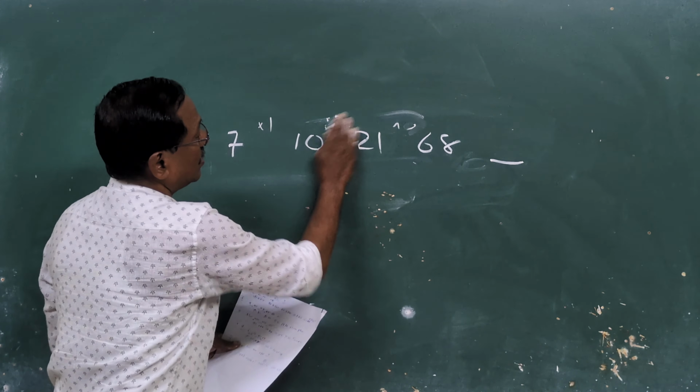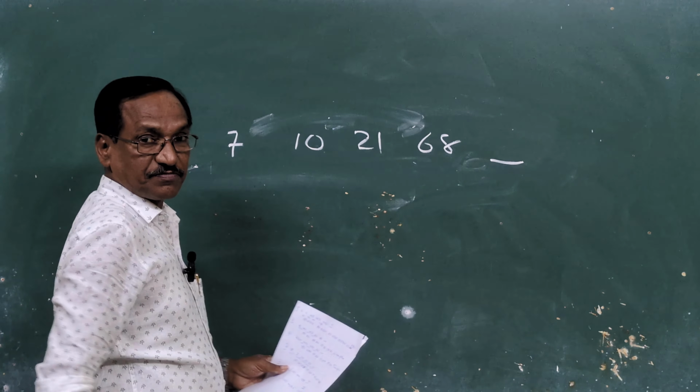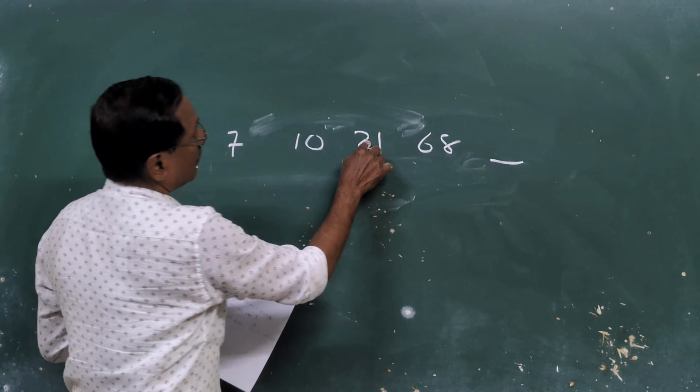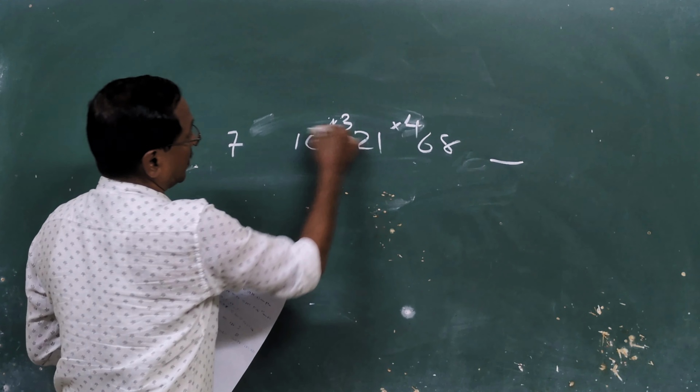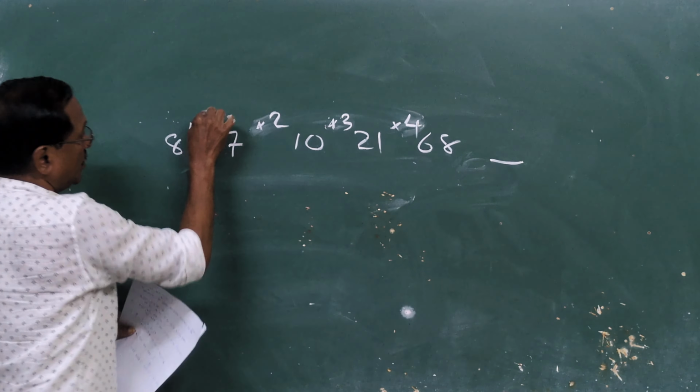So let us think about another possibility. Say here let it be into 4, then into 3, into 2, into 1.